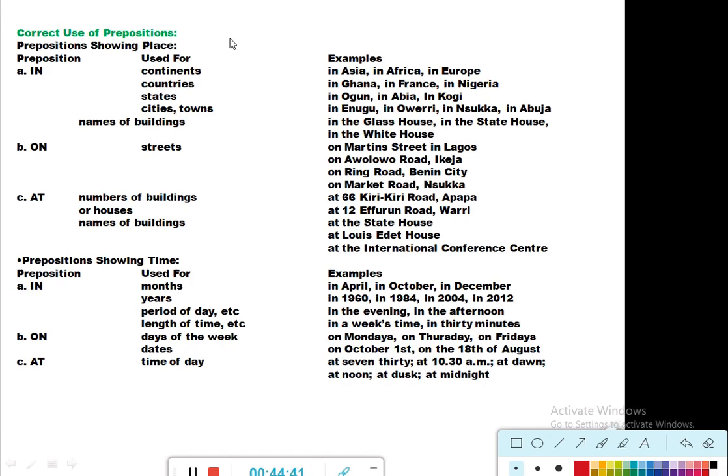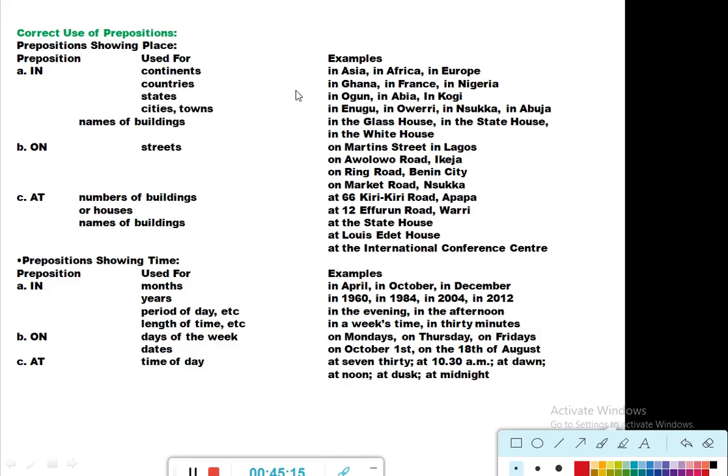Now, we can look at this just to have an overview or insight into the correct use of prepositions. We begin with prepositions showing place. The preposition in can be used for continents, and we have examples in Asia, in Africa, in Europe. So when we are talking of a continent, we use the preposition in.